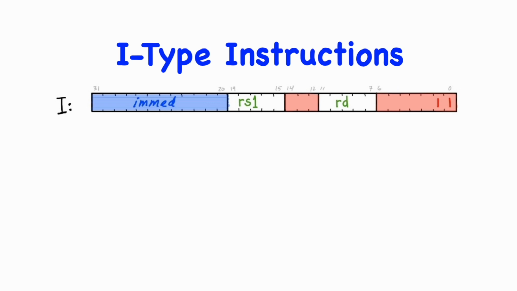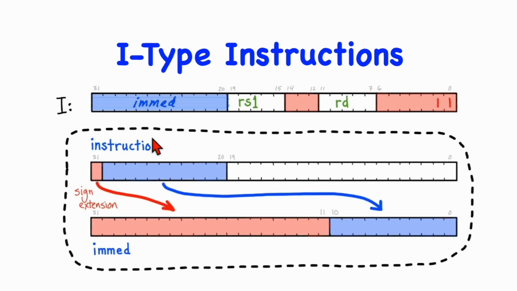An example of that would be the add immediate instruction, which adds an immediate value to a source register. The immediate field is 12 bits, which is sign extended to 32 bits as shown here. This gives a limited range for the value that could be used in an I-type instruction, and that range is plus or minus 2k, since 2 to the 12th power is 4096.